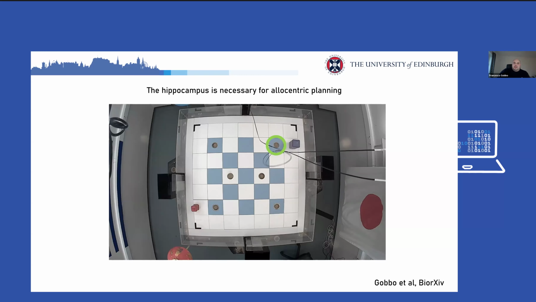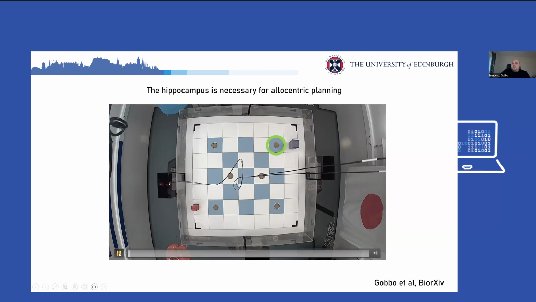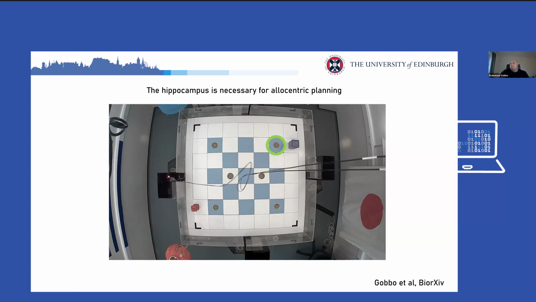And this is what happens instead when we are shining light into the hippocampus during, again, this decision-making time point. The first thing you notice is that the animal is spending a longer time in the start box, as if it's a bit more confused about where to go and doesn't really know what to do.